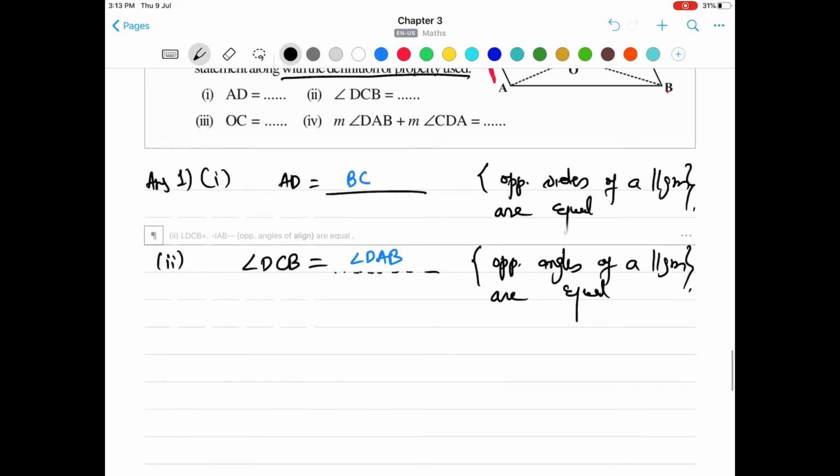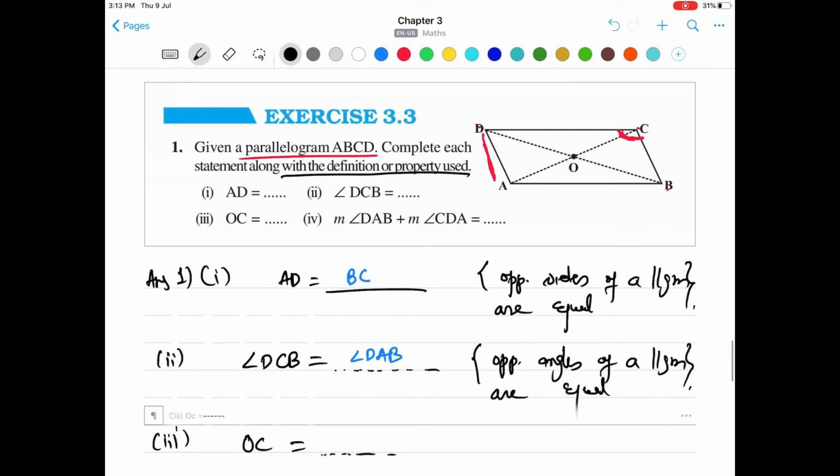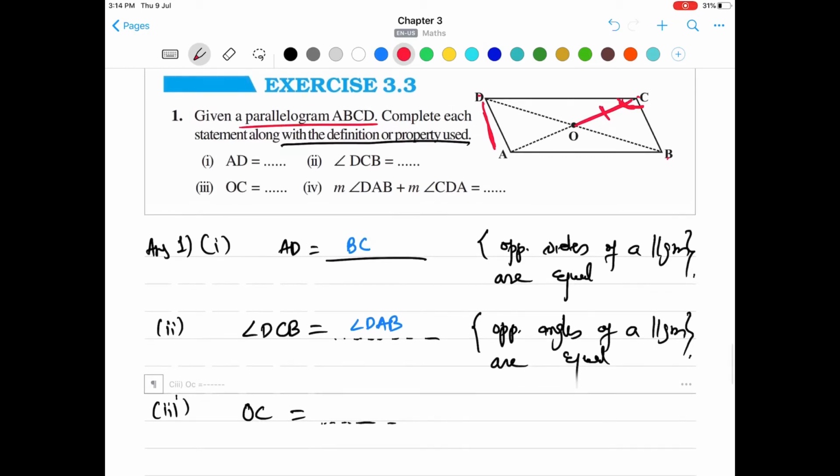Moving to the next one, we have OC equals what? So first locate the OC. OC here is this length. This length is OC. So OC will be equal to the other part of this diagonal, which is AO, or you can say OA. So OC will be equal to OA.